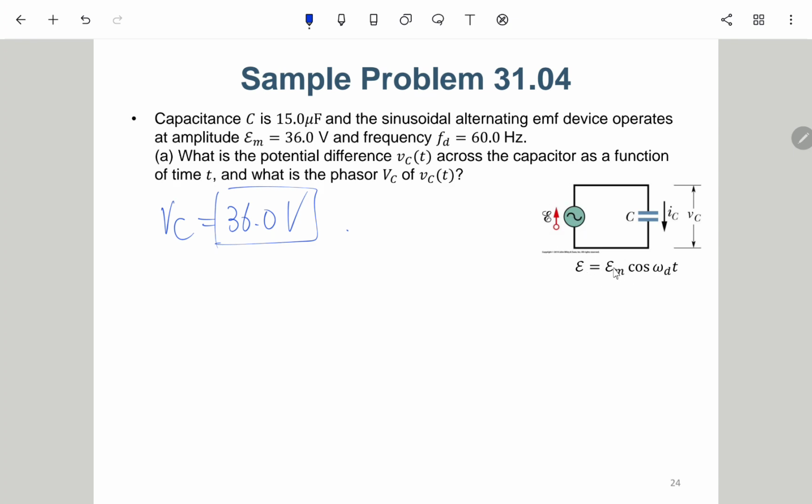This EM is 36, and the phase angle is 0, so it's a real number. The phasor VC is 36.0 volt, and VC of t is 36.0 cosine 120 pi t.